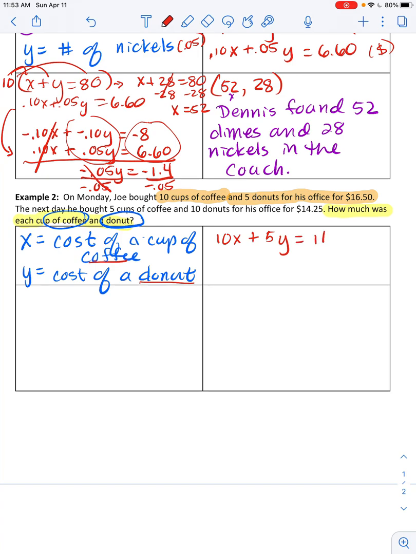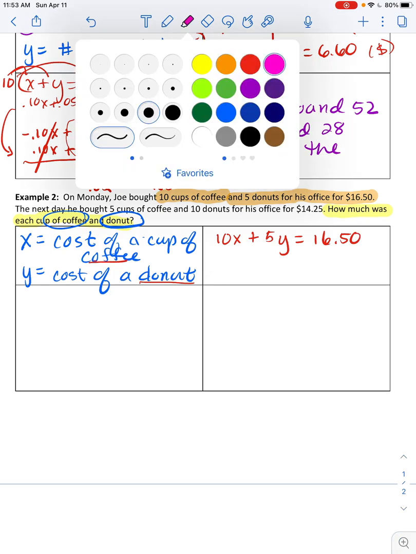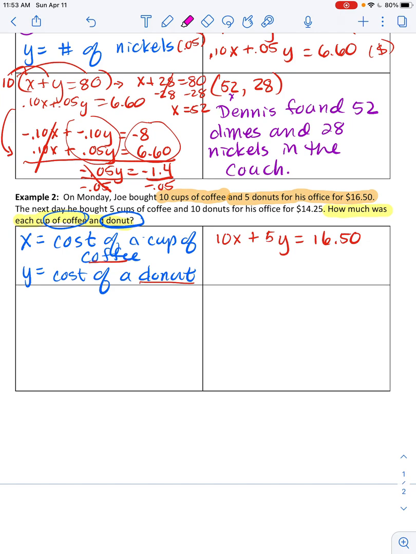And that has to total $16.50. For these we need a second equation, so I look for a second relationship. It says the next day he bought 5 cups of coffee and 10 donuts for $14.25. So now I have 5x plus 10y equals $14.25.